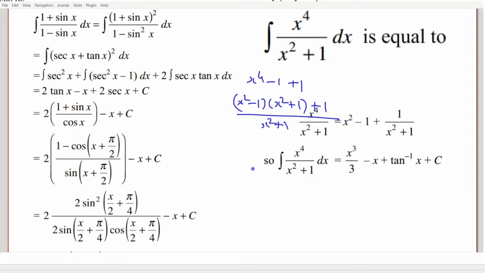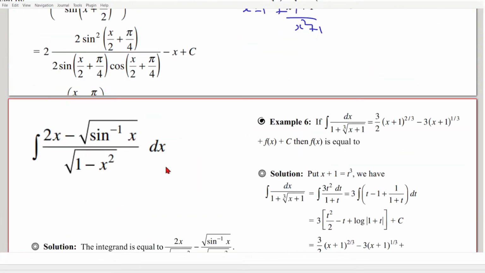And that means on the left hand side, this and this will get cancelled. It will be left with x square minus 1, plus 1 by x square plus 1. That's it, no? Yes, sir. This plus this by this means this by this plus this by this. Understood, no? Okay, sir.